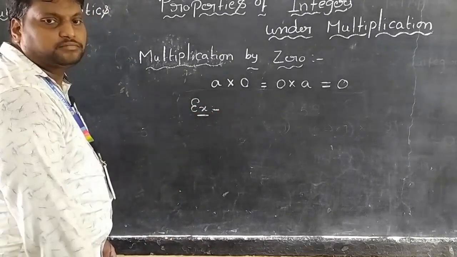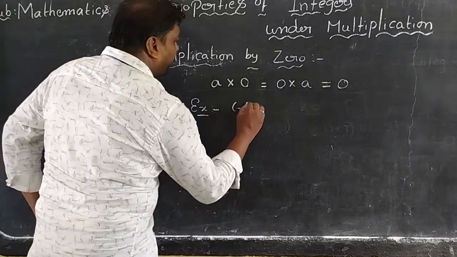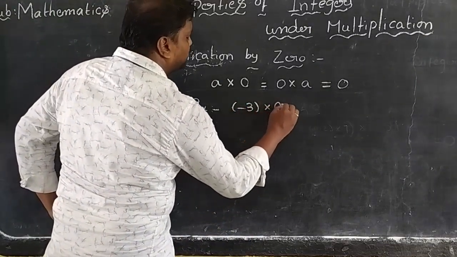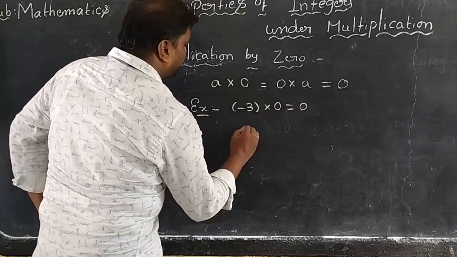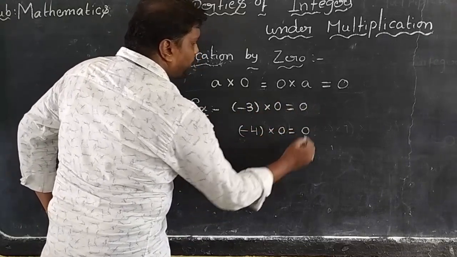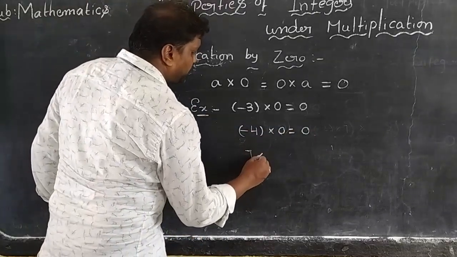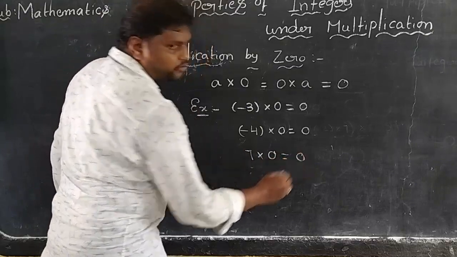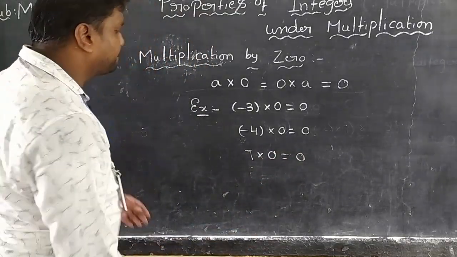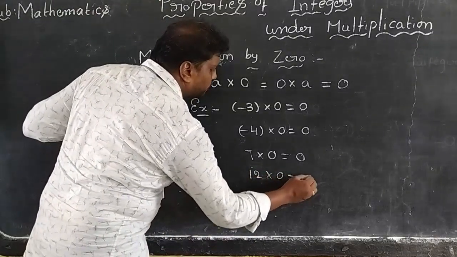For example, take some problems. See, minus 3 into 0 is equal to 0, minus 4 into 0 is equal to 0. Next, 7 into 0 is equal to 0, and 12 into 0 is equal to 0.